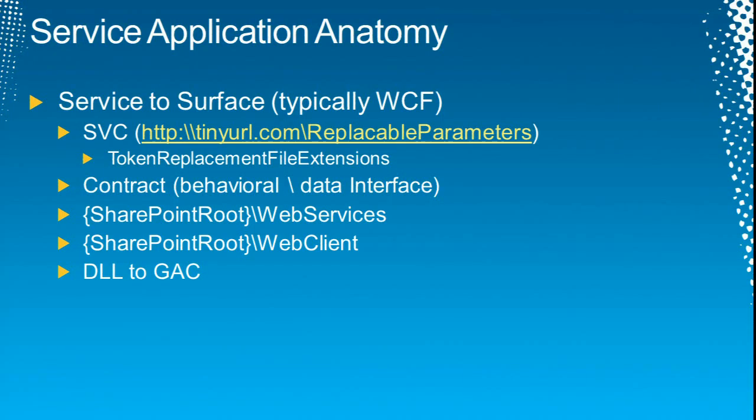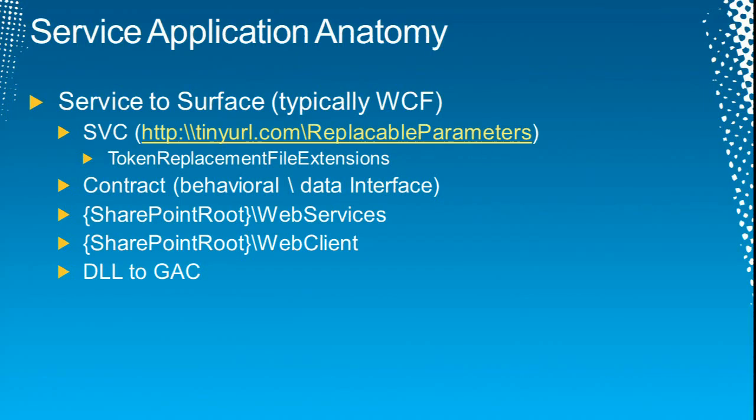But auto-generated MEX endpoints are really nice if you service your WCF service within the ISAPI _vti_bin folder within a SharePoint web application, because then you don't have to do any web.config modifications at all. You don't have to configure any kind of config file, and yet you can still have an endpoint to your WCF service.